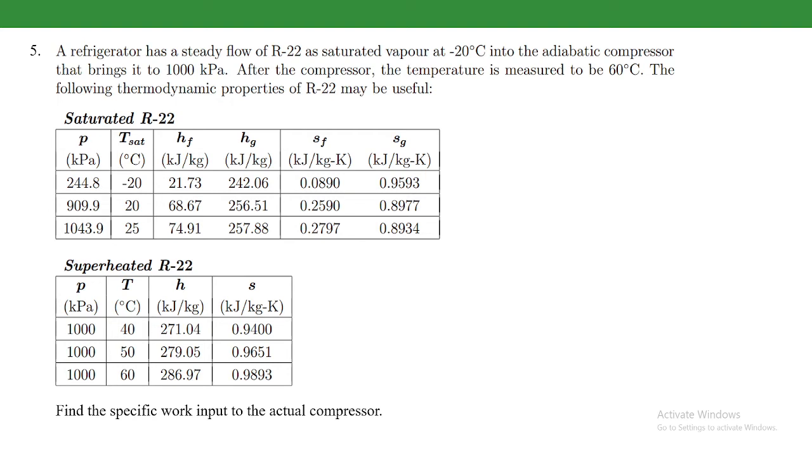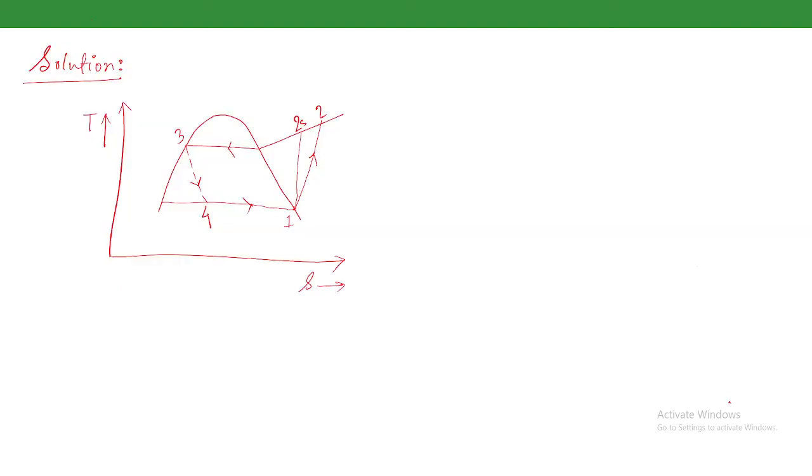Okay, so this is the cycle of the refrigeration. This is the point from 1 to 2, the compressor. The 2 to 3 is the heat rejection in the condenser.